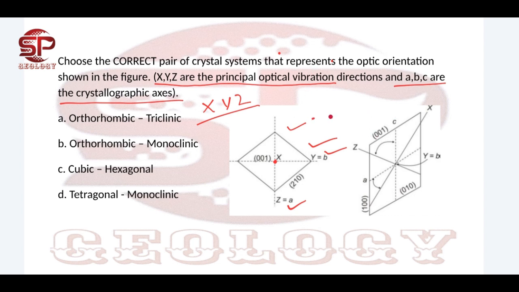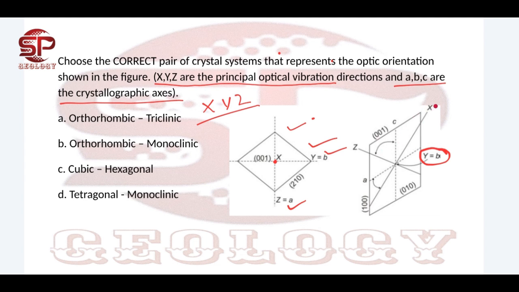Then the next one, that is, in the monoclinic system, only one crystallographic axis will coincide with any of the indicatrix axes. Here the B crystallographic axis is coinciding with Y, and all others are not coinciding.